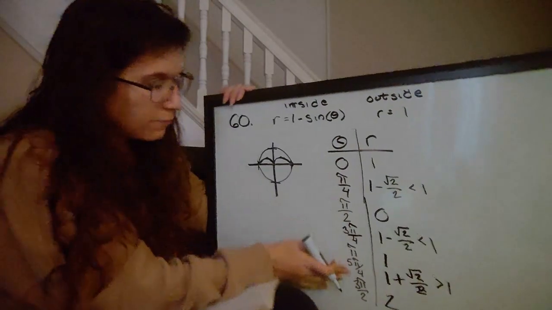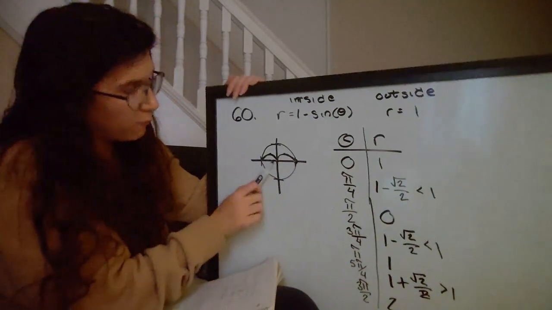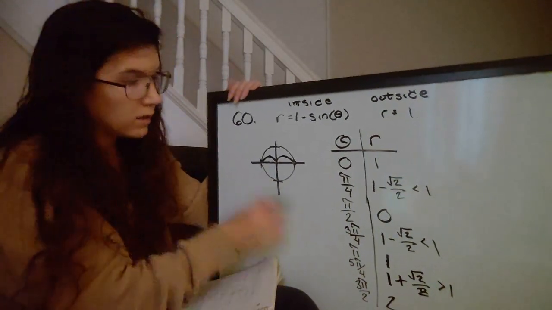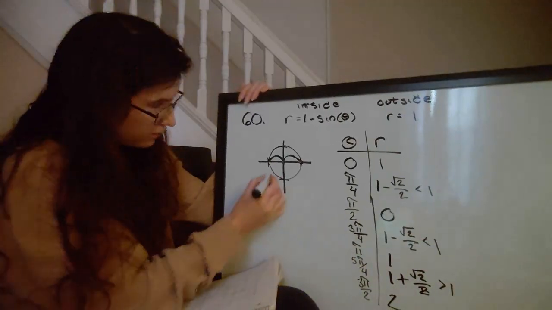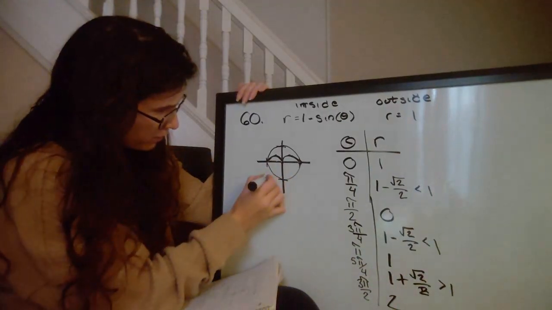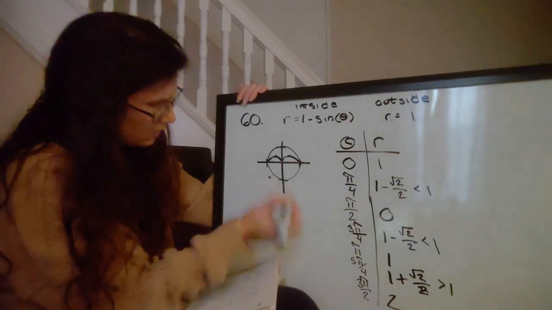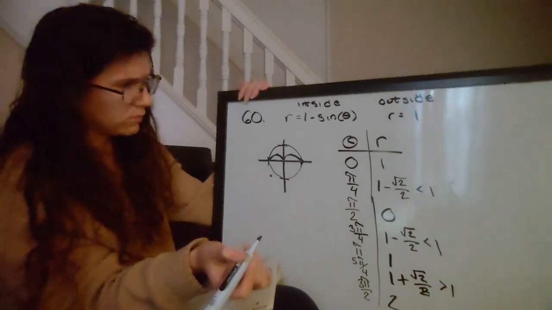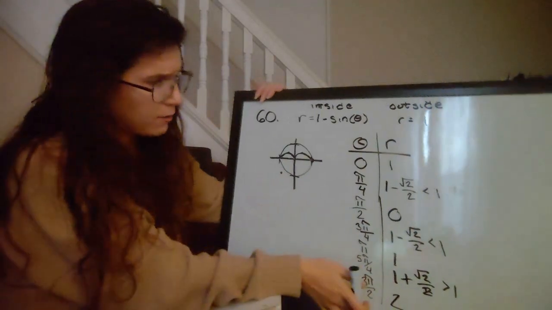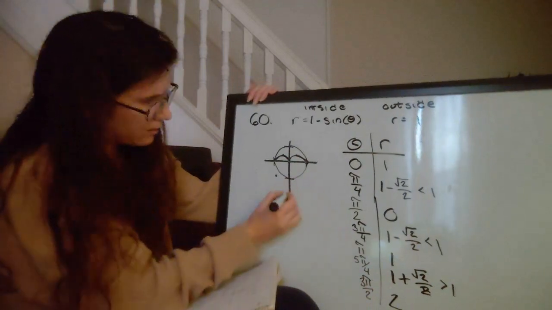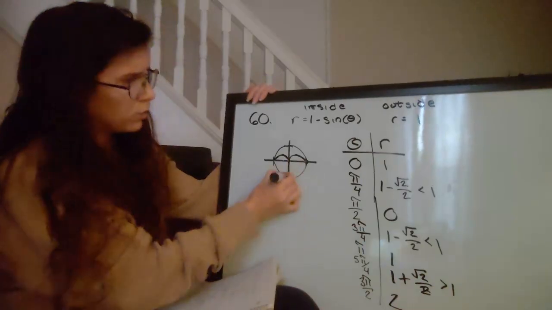And then if we go down, 5 pi over 4 is going to be in this direction. This is going to be greater than 1, so it's going to be around here. And then at 3 pi over 2, we're going to be at 2, which is going to be 1, 2.